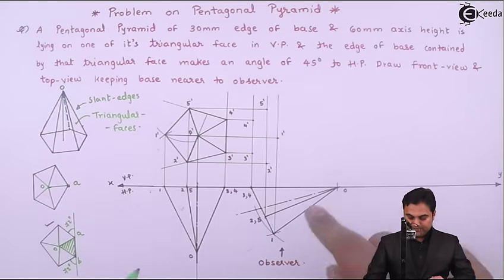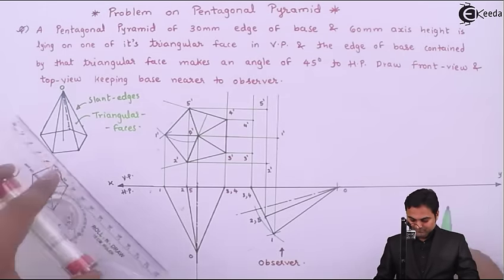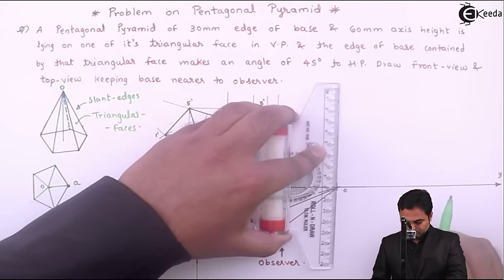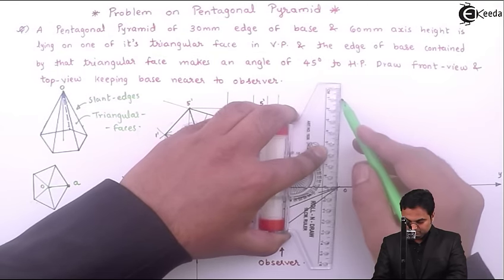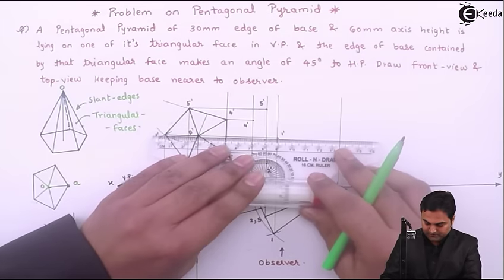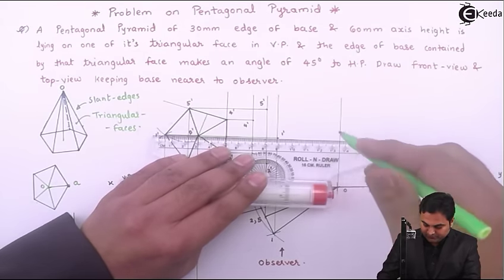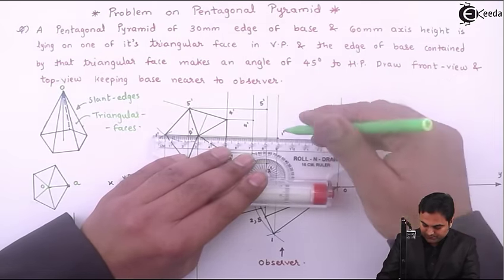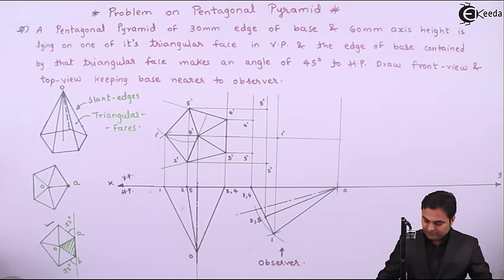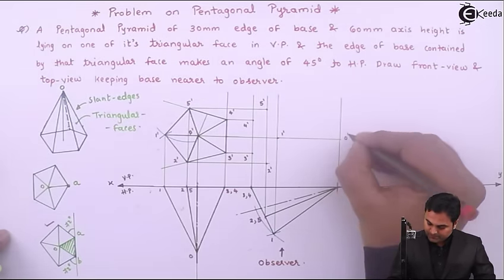Next, apex, that is also visible. So apex will be projected from the front view, that is O dash. O dash and O, their intersection will give me the apex O dash.